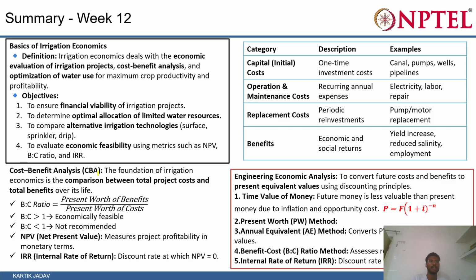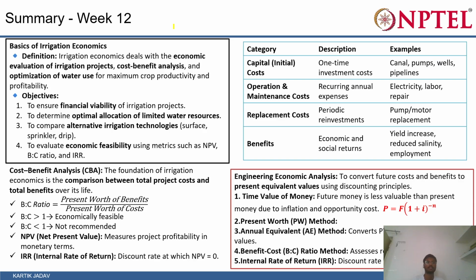Its objectives are to ensure the financial viability of irrigation projects and to determine the optimal allocation of limited water resources, because per capita water availability is declining, and water distribution in the entire world is not the same, because there is no source of water.